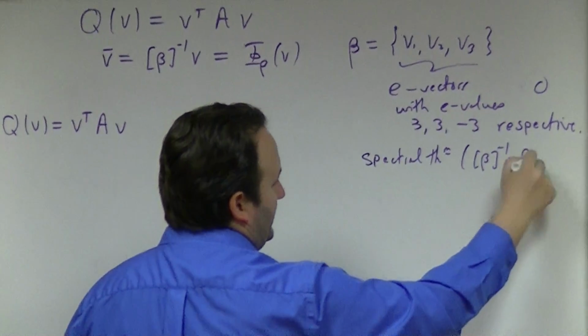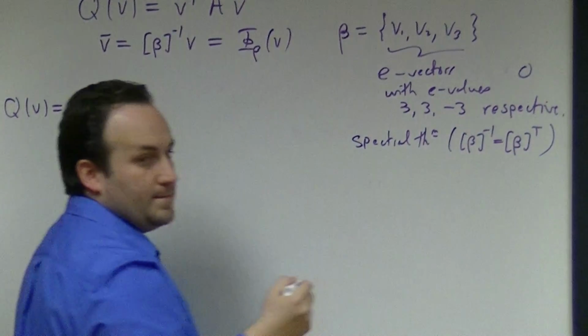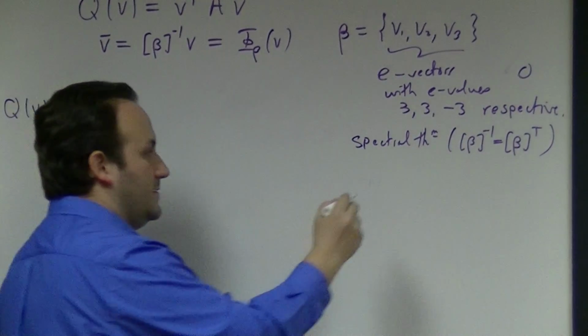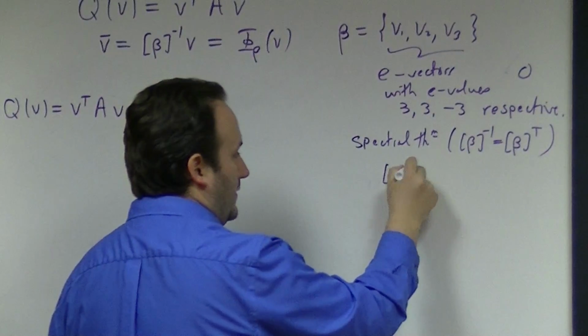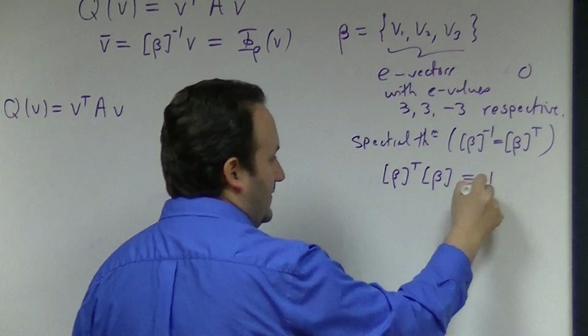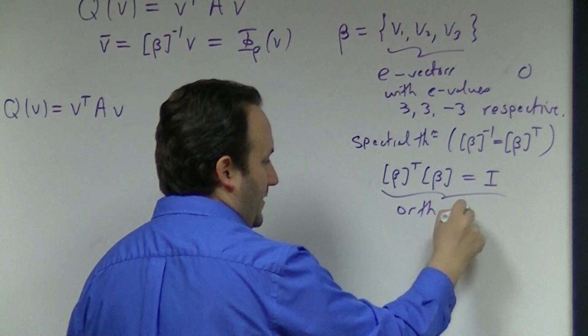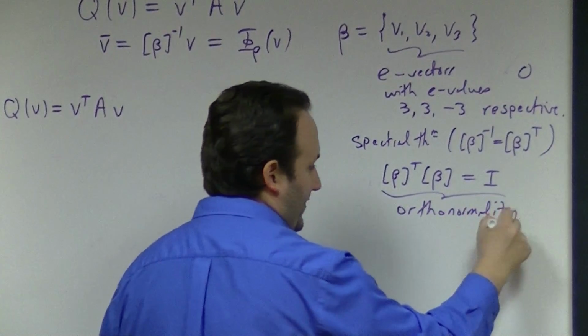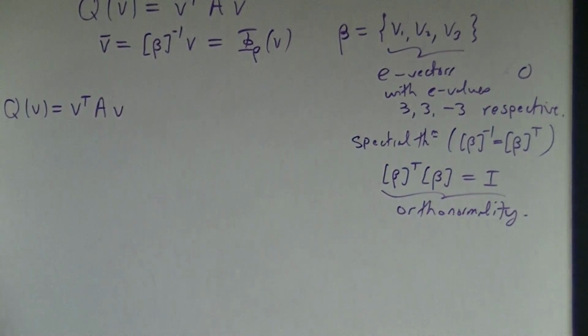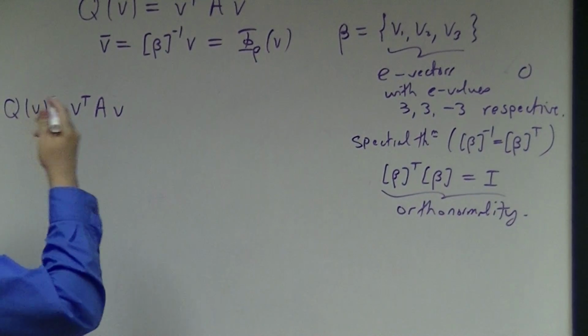So beta inverse is actually beta transpose, because I know that beta transpose beta is equal to I. That's orthonormality in matrix form for the basis.